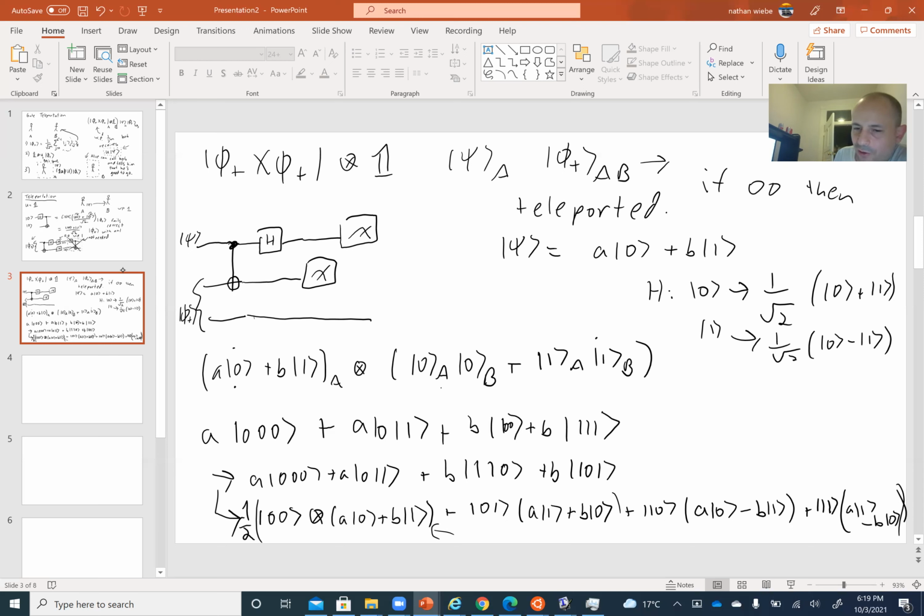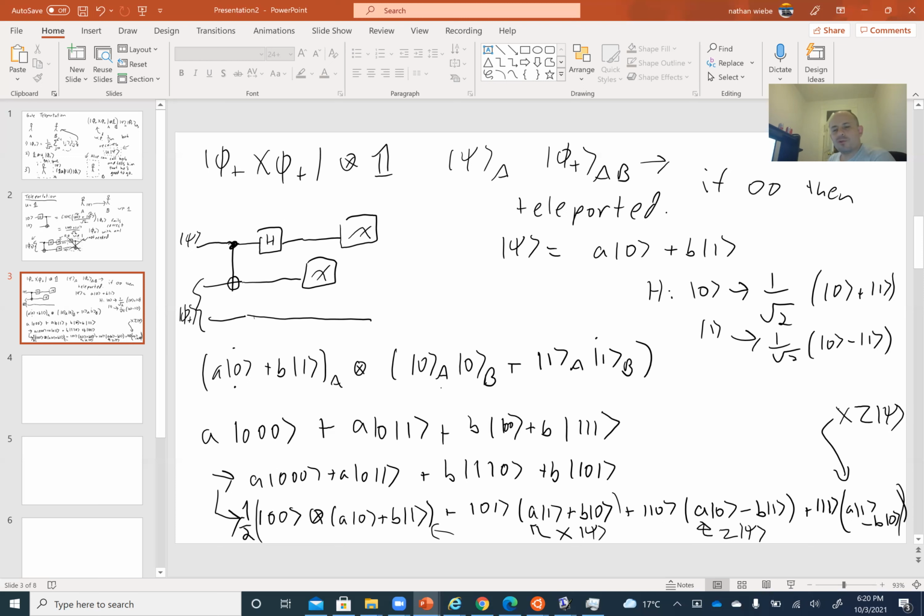So you can see, actually, that there's kind of a bit of a pattern here to it. This state is actually X acting on psi. This state over here is Z acting on psi. And this maximally messed up state over here is X acting on Z psi.